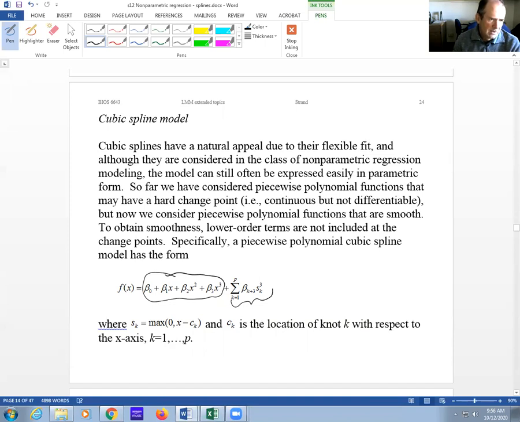So honestly, it still doesn't look too bad, right? In terms of a parametric function, that's a parametric function. But if we add a lot of knots in there, then it gets complicated, and especially trying to interpret the meaning of those, right? They're basically, the beta parameters are then used to shape that function that's trying to mimic your data.